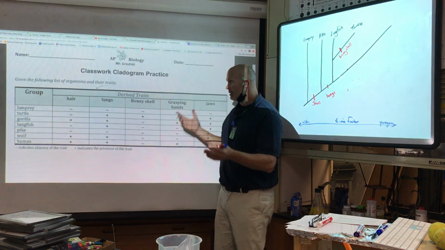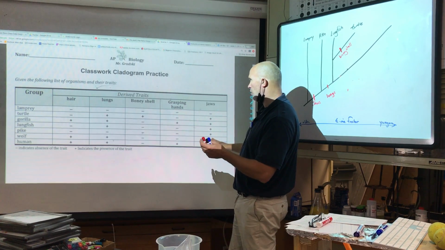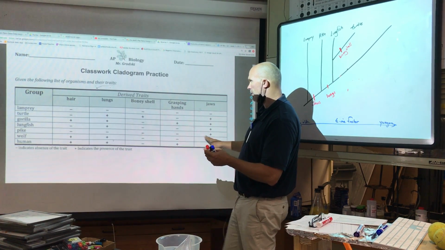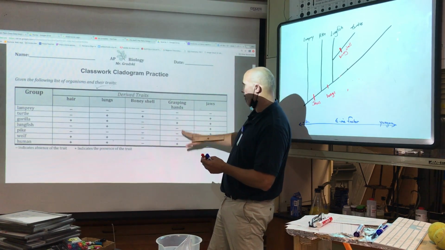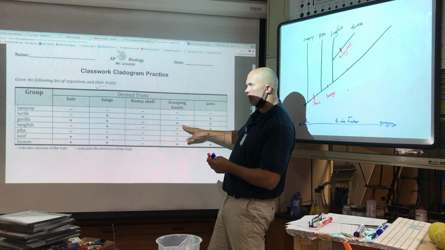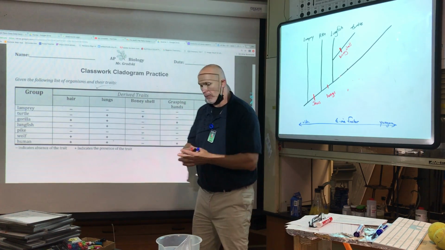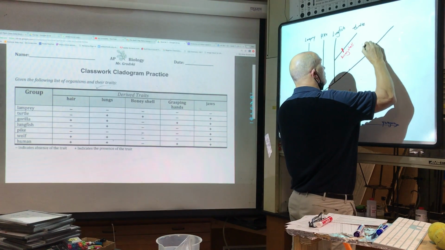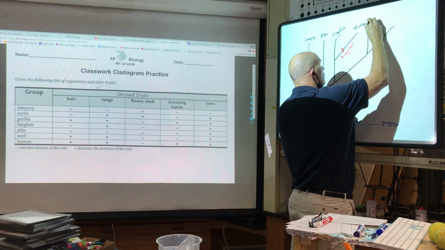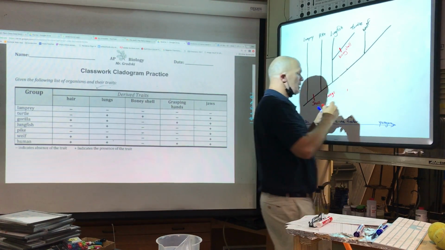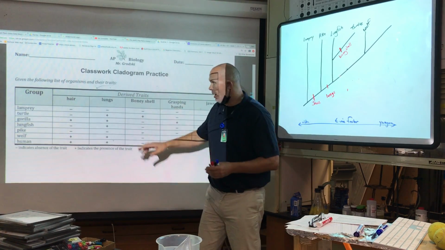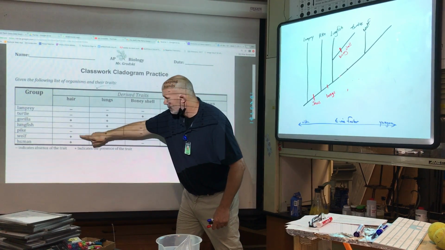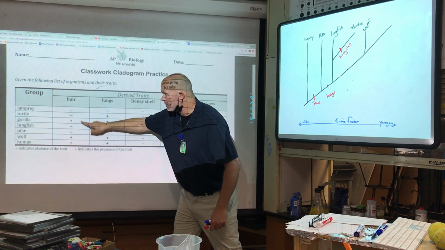And if I look who's next, hey, the wolf has jaws. It's got lungs. It doesn't have any grasping hands. And it has hair. So for me, the next individual here is the wolf. What does it have that the other two organisms left have?